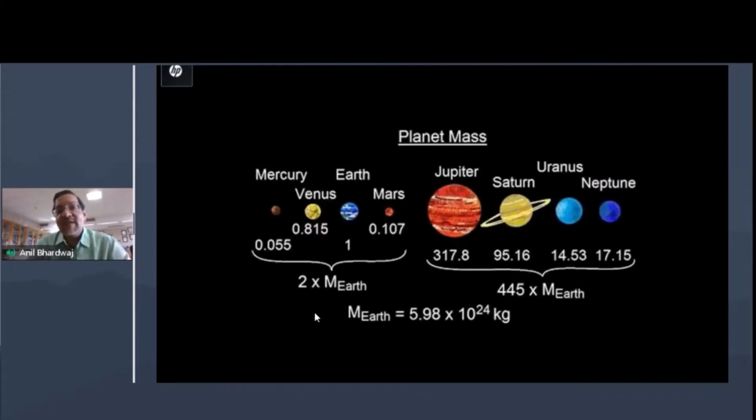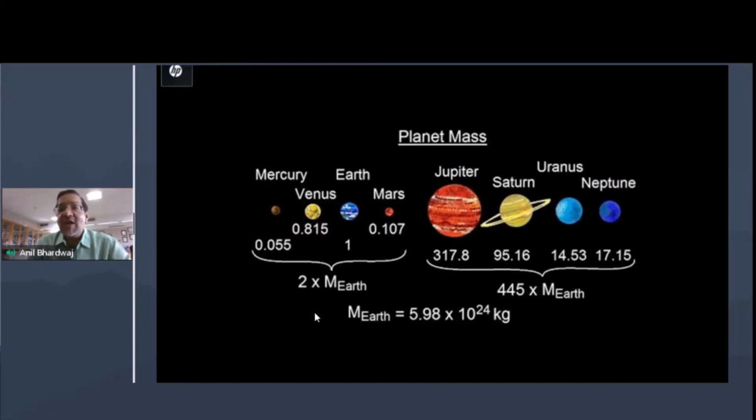Now look at the mass of these planets. If you compare them, because they are small in size in the inner part, you can say that Earth, if it is taken as one, the masses of the outer part of the solar system are huge.